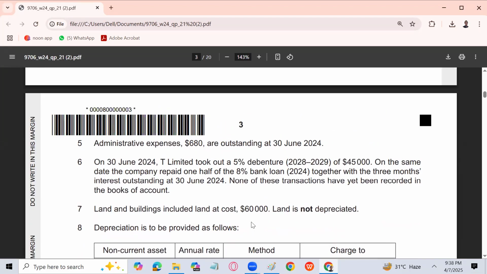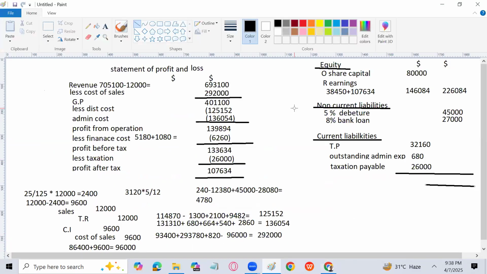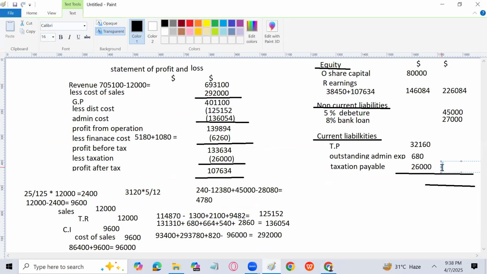It means that it is not yet paid. We have just estimated the tax liability. So now we will add up all the current liability section: 32160 plus 680 plus 26,000. That is 58840.